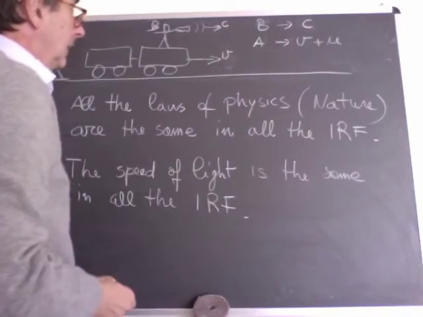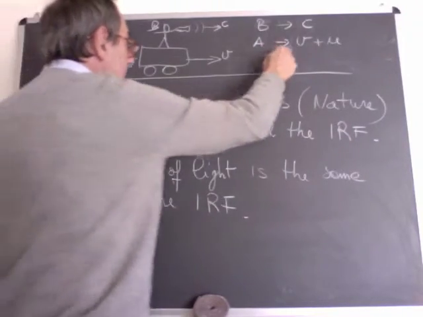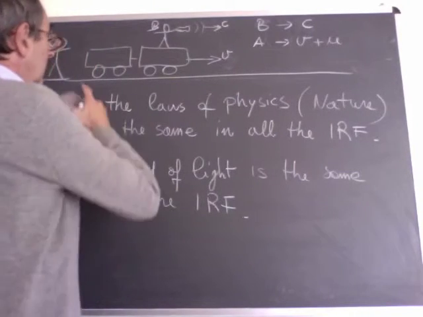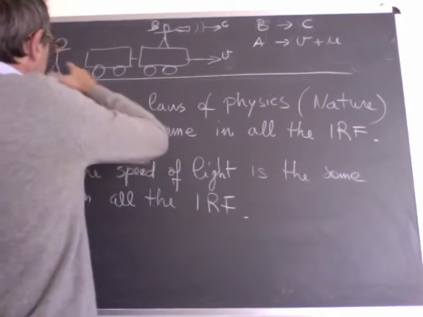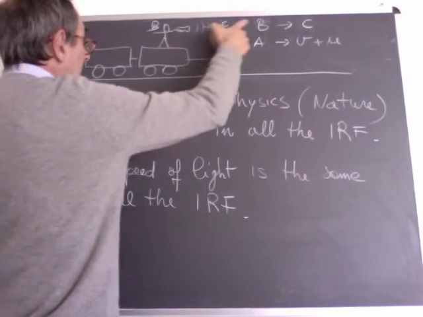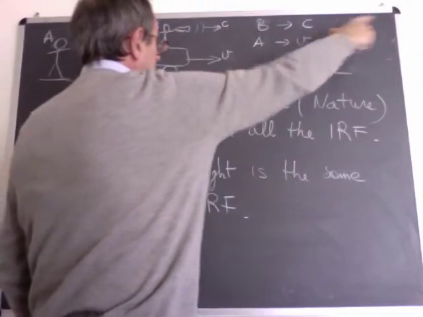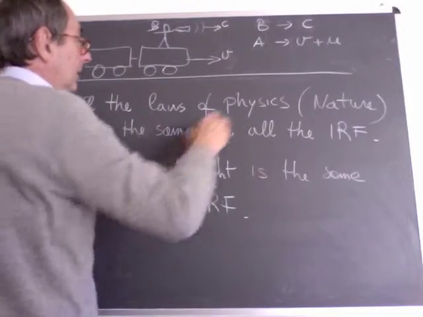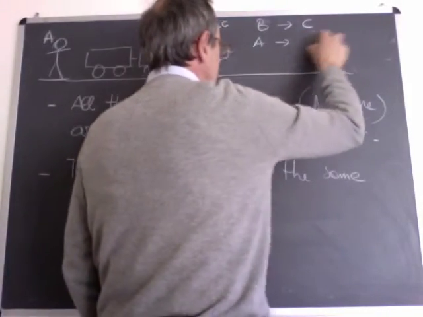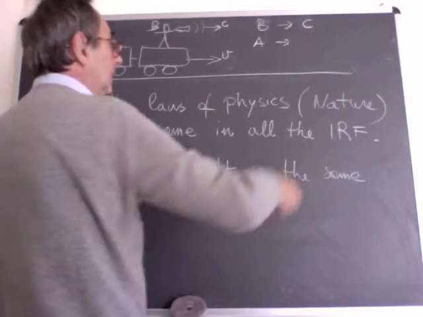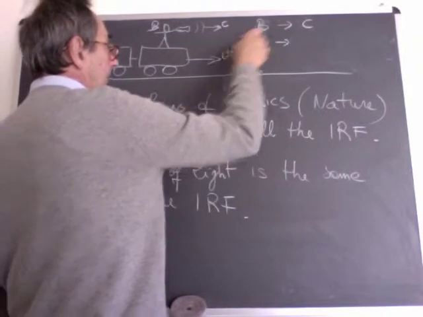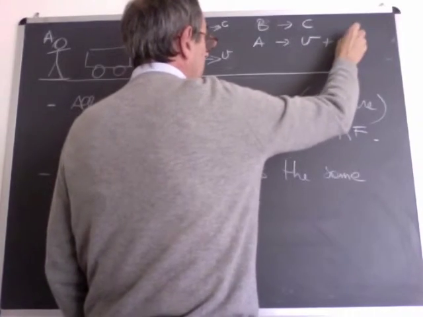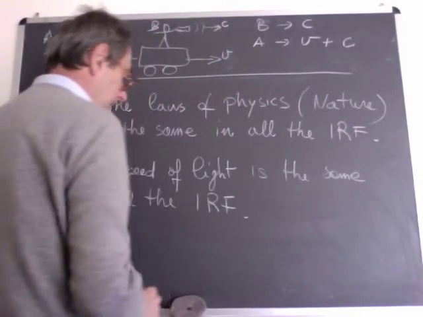So according to this classical addition formula, Mr. A should see the light going away from him with a speed equal to the velocity of the train v plus the speed of light c.